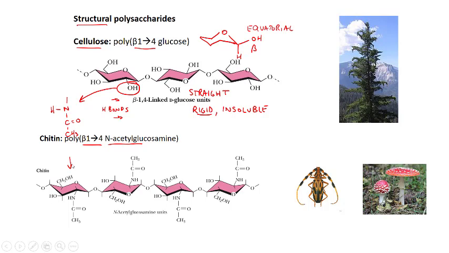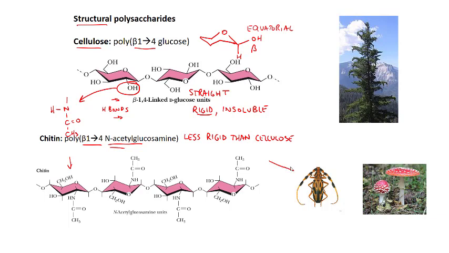So that's chitin down there. Because of that big bulky side group, we end up with a less rigid molecule compared to cellulose. That's because the big bulky N-acetyl group hanging off of the side kind of impairs packing side by side, and therefore you get much less hydrogen bonding.